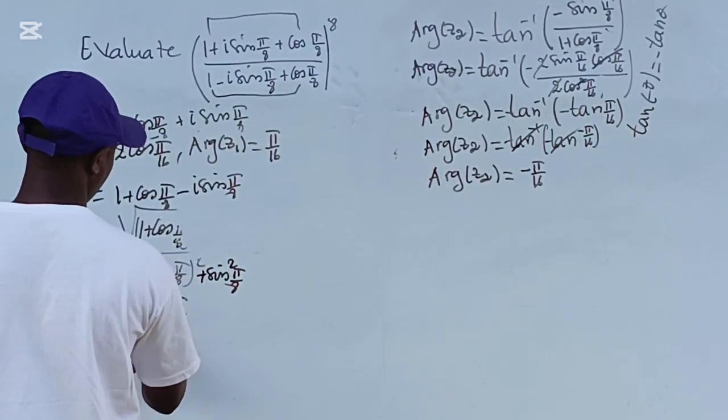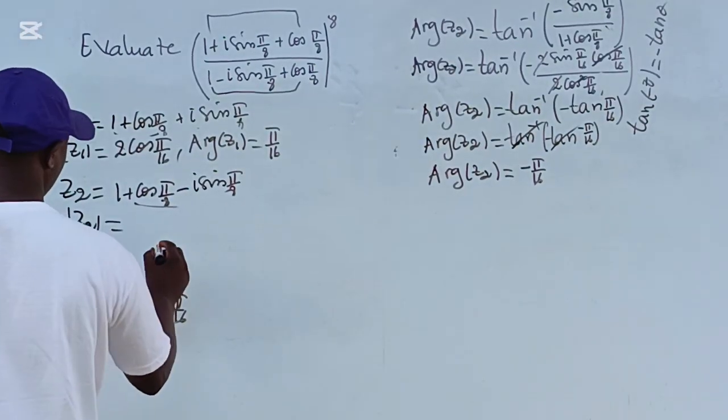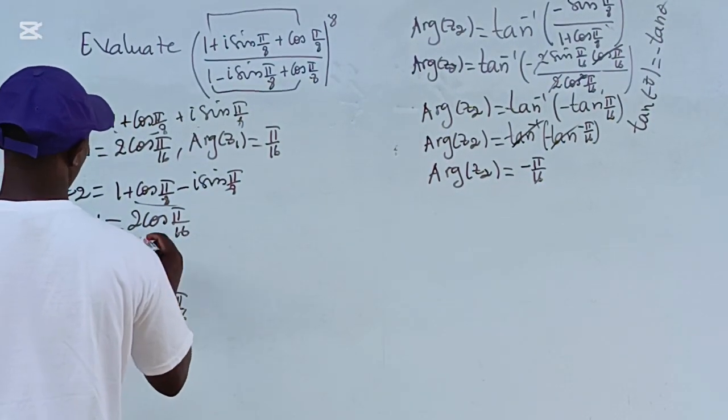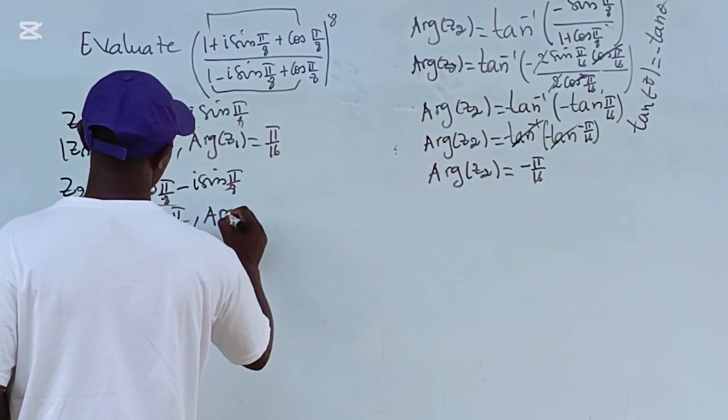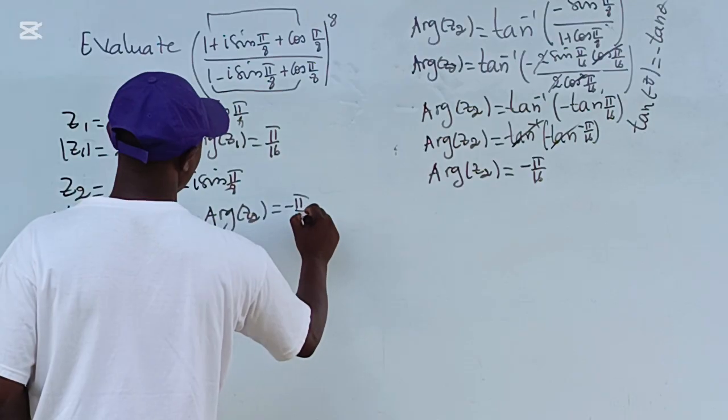Okay, we have this modulus and we have this argument. The modulus of z2 is 2 times cosine pi by 16, while arg of z2 is minus pi over 16.